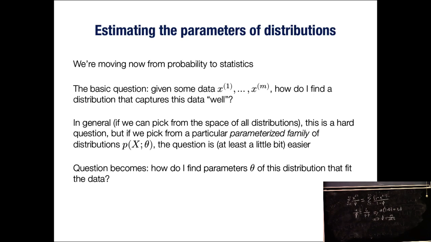More complex distributions will always have higher likelihood of the data, up to the point where the most likely distribution for any set of data is just the empirical distribution, which thinks those points are the only ones that will ever happen, which is not what you actually want here. So what we're really talking about is, given a fixed family of distributions, how do I find the parameters that maximize the probability of the observed data? You're on your own for picking the distribution so far.